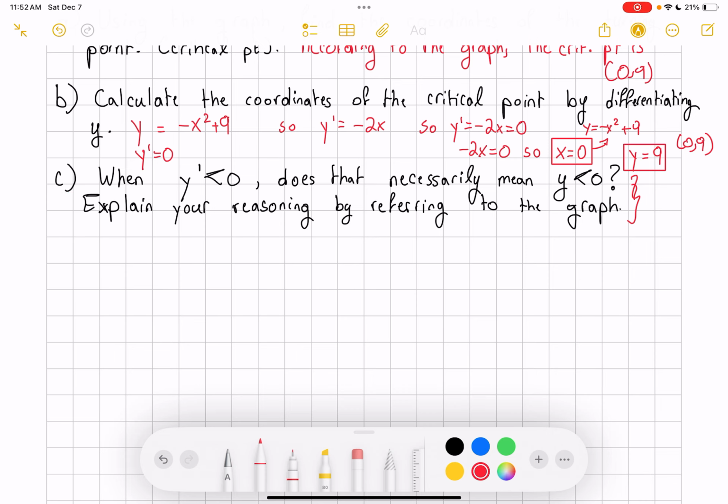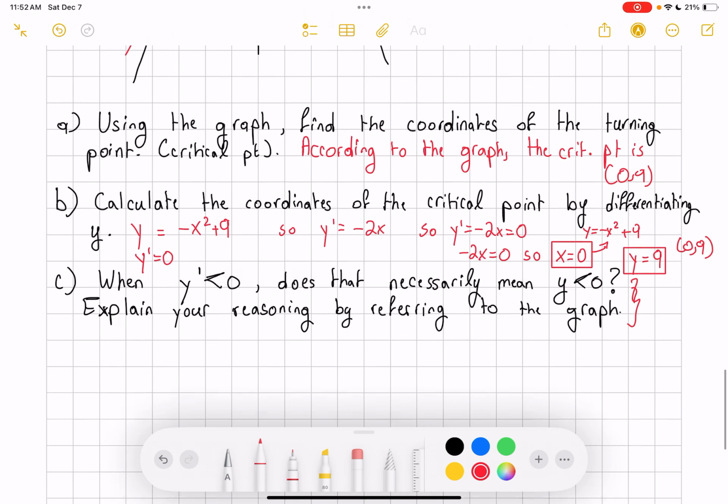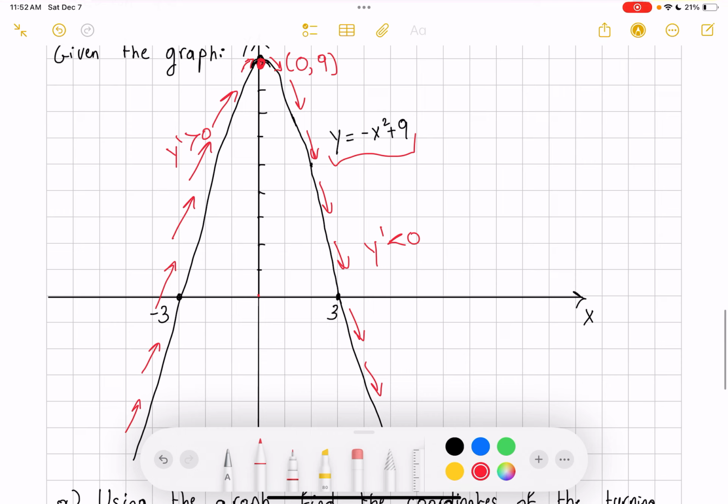They're telling me that whenever y prime is negative, so y prime is less than 0, they're talking about this piece over here when the function is going down. They're saying that as long as the function is going down, y is always negative. But we can see literally a point on the graph. If you take x equal to 2, the function is over here, which is 5.